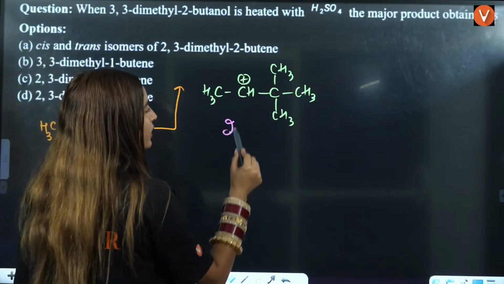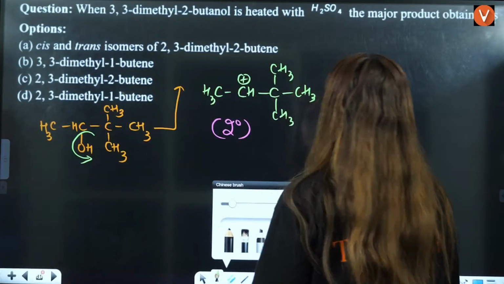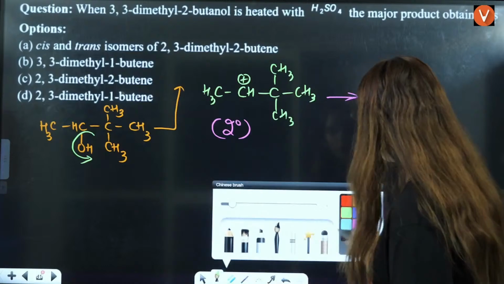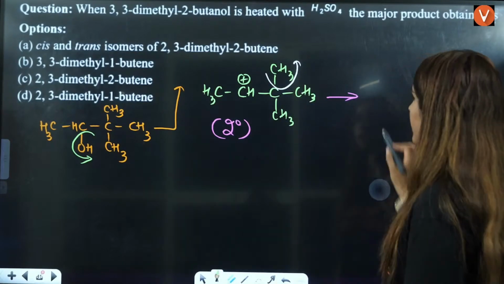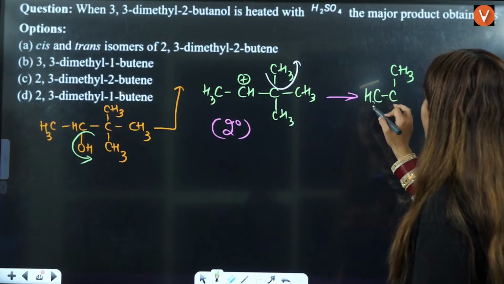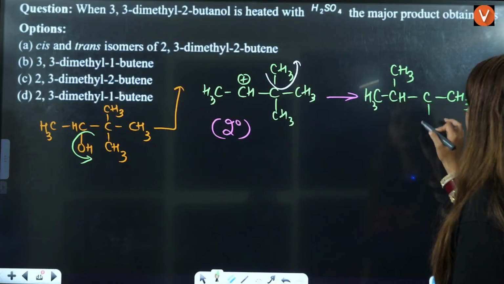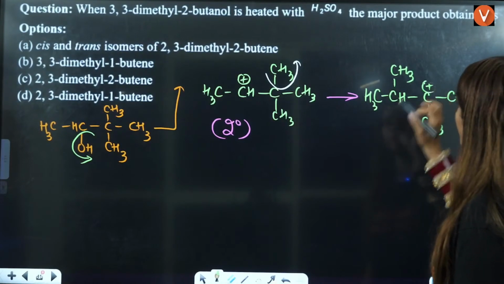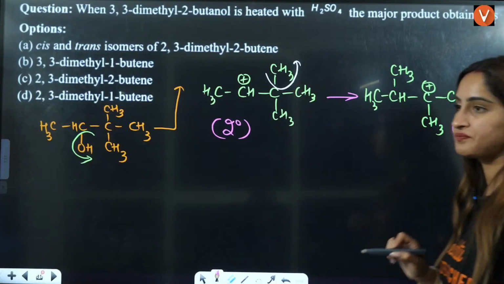So this is a 2-degree carbocation. When you rearrange this, this methyl will be shifted here. So it is going to be C(CH3)2, methyl shift will be there. This is the carbocation which is a 3-degree carbocation.